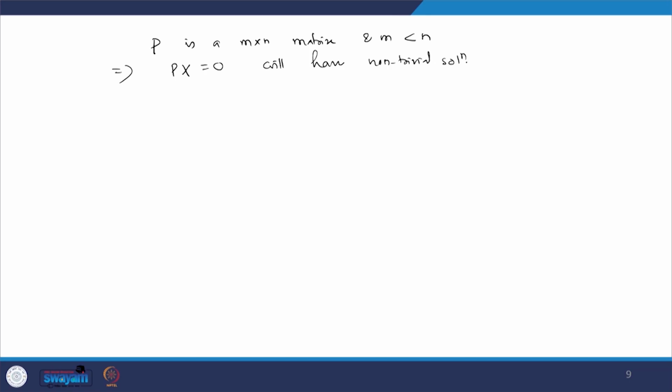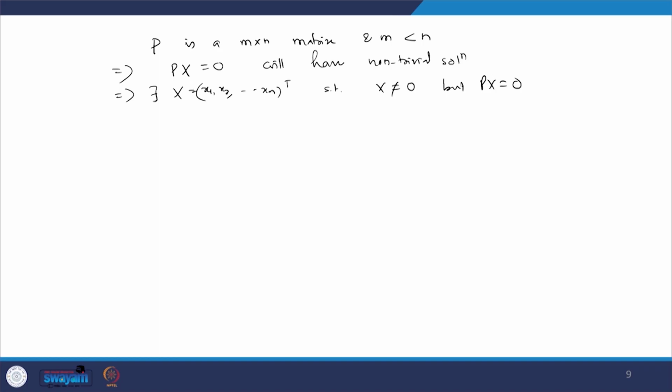So this means that there exists capital X equal to (x1, x2, ..., xn) transpose such that capital X is not equal to 0, but Px equal to 0.